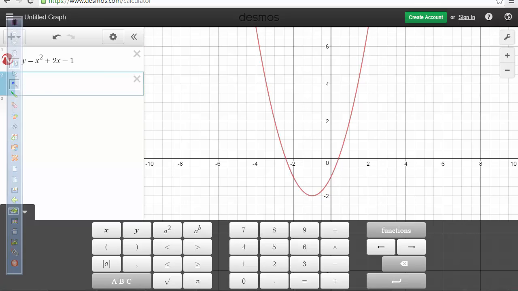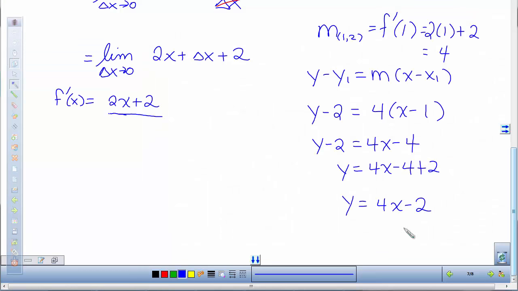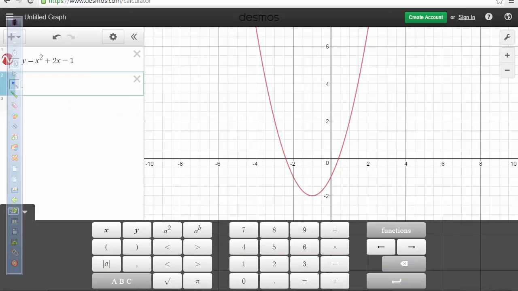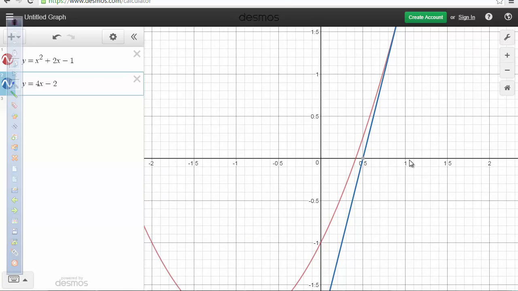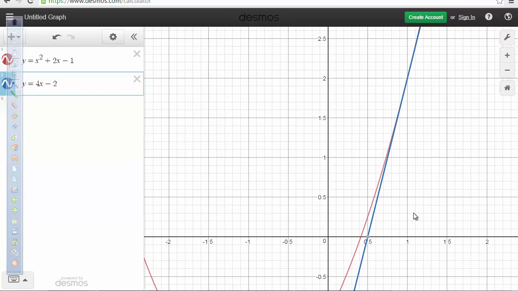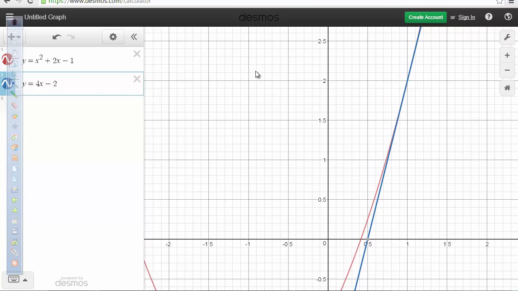We found the tangent line to be 4x minus 2. So on my graph, we'll graph y equals 4x minus 2. So notice here we are at the point 1, 2.